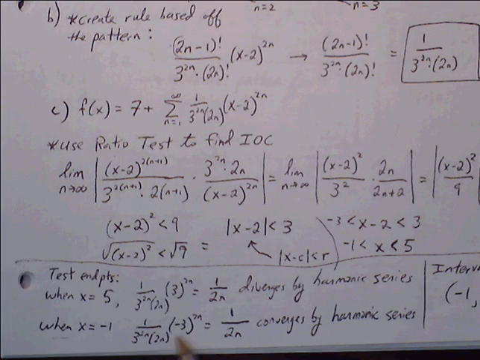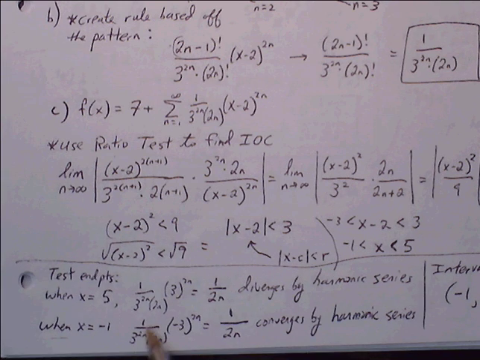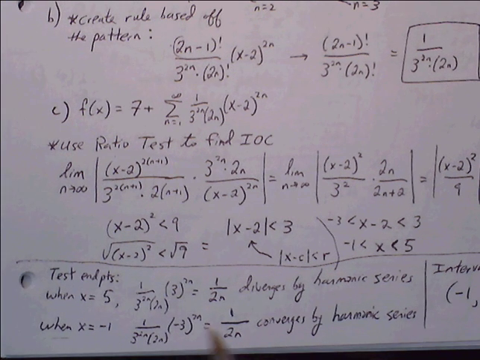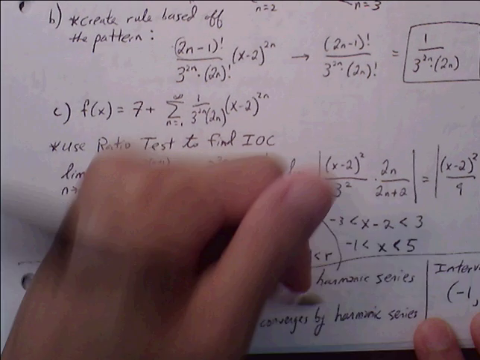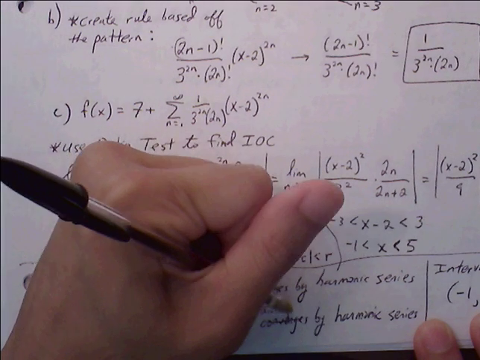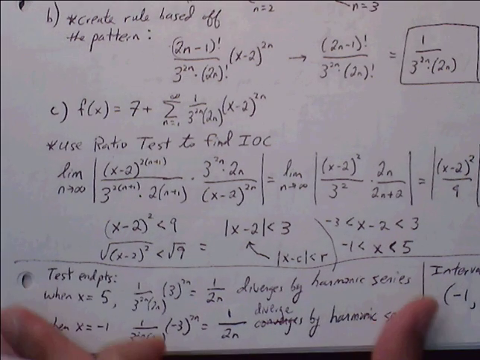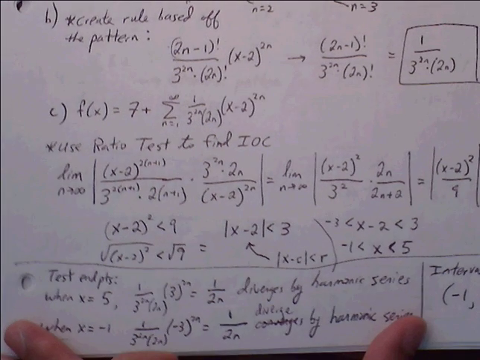Negative 3 to the 2n will always be positive, so this will cancel out nicely with 1 over 3 to the 2n, leaving us with the same thing as before, 1 over 2n, which also diverges. Sorry, this should be diverge, by the harmonic series. So we know that our endpoints will not converge.